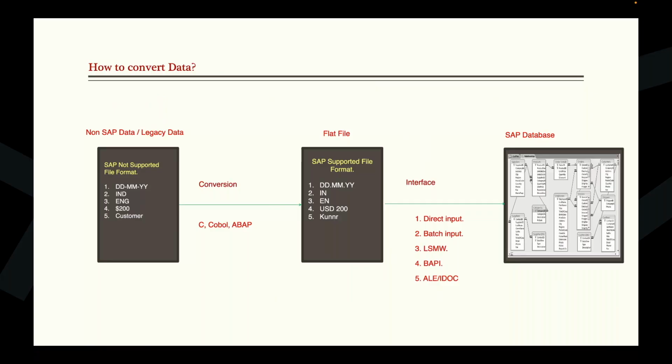And BAPI. As I told you, BAPIs are very efficient, and everybody is recommended to use them, because for every transaction SAP has created a BAPI. If it is a sales order, a bank, a purchase order, for all the transaction codes, SAP has created these BAPIs.